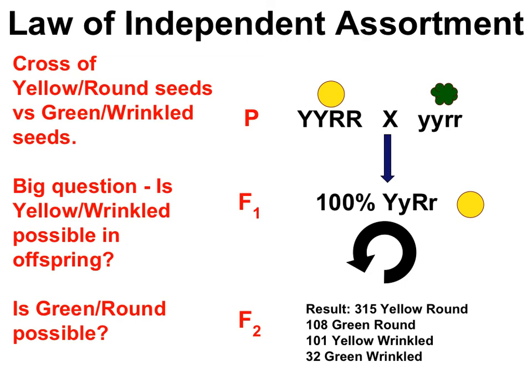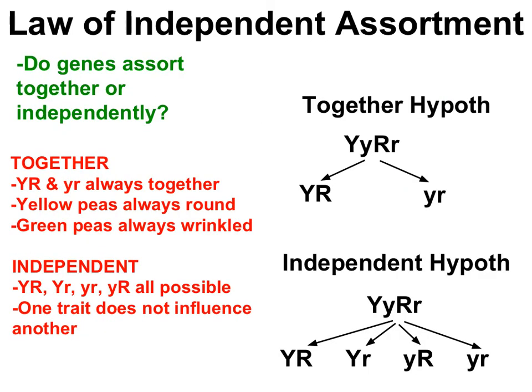The simple answer is that the F2 generation had all of these possibilities in Mendel's data, but it's a little bit more tricky to explain why. Let's look at the two possibilities. First, what would happen if the loci or the genes assorted together? Well, this would mean that a gamete that gets the yellow seed color will always get the round seed color assorting with it.